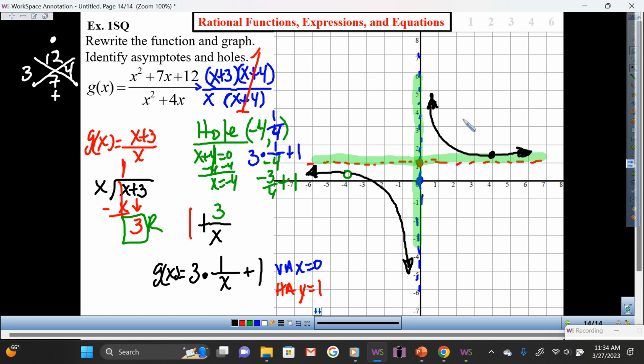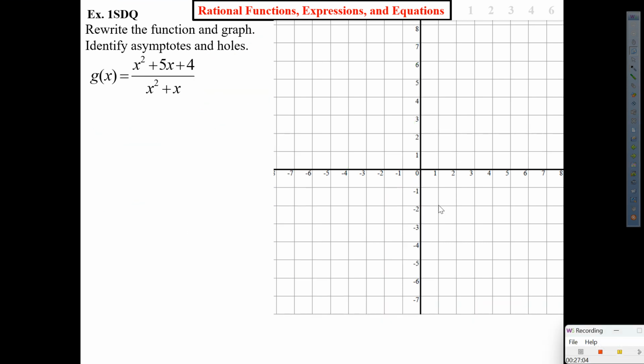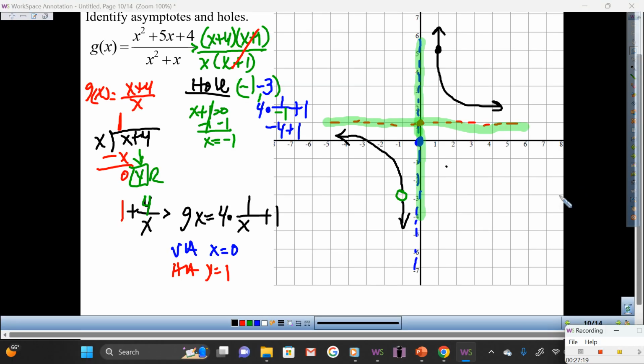Yes? All right, let me send you the screen so you can send me your work. All right. Example 1, super duper Q is on the screen. Copy that one. You should be able to do that one completely by yourself. Copy and go. All right.